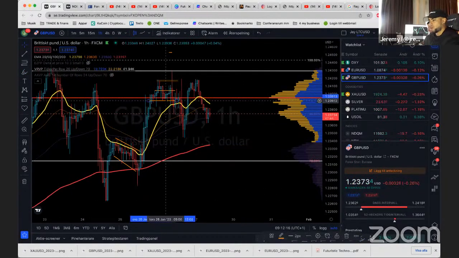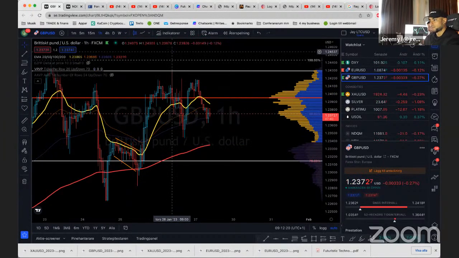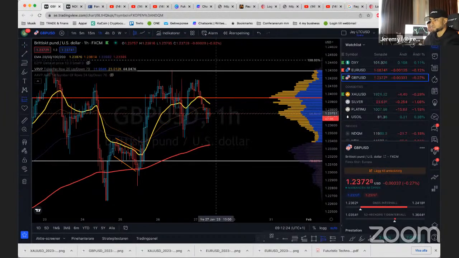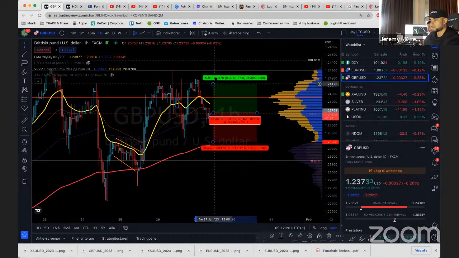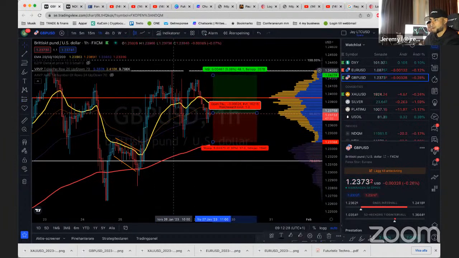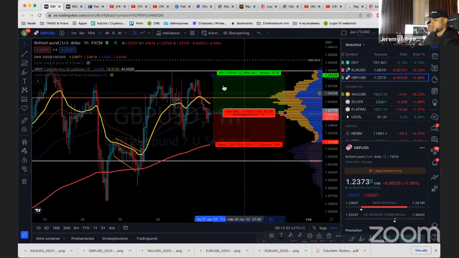Now, how far up? Well, until now, the only thing we can see is that we would go here to the top of this zone, to this box that I was talking about, where the market is ranging. Even here, you see the volume is perfectly confluent with the top of that box.